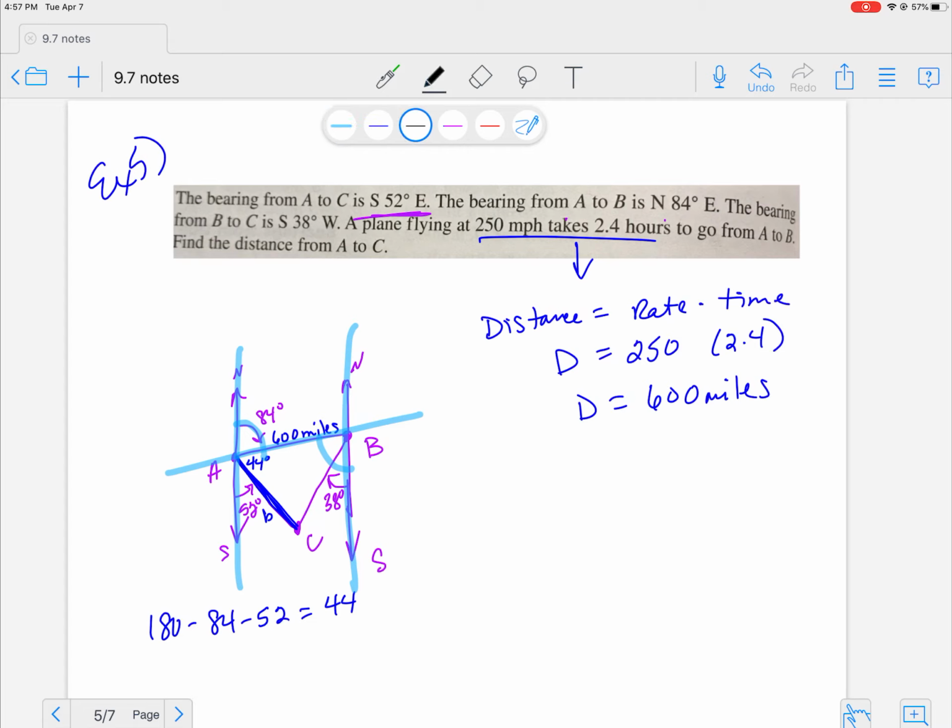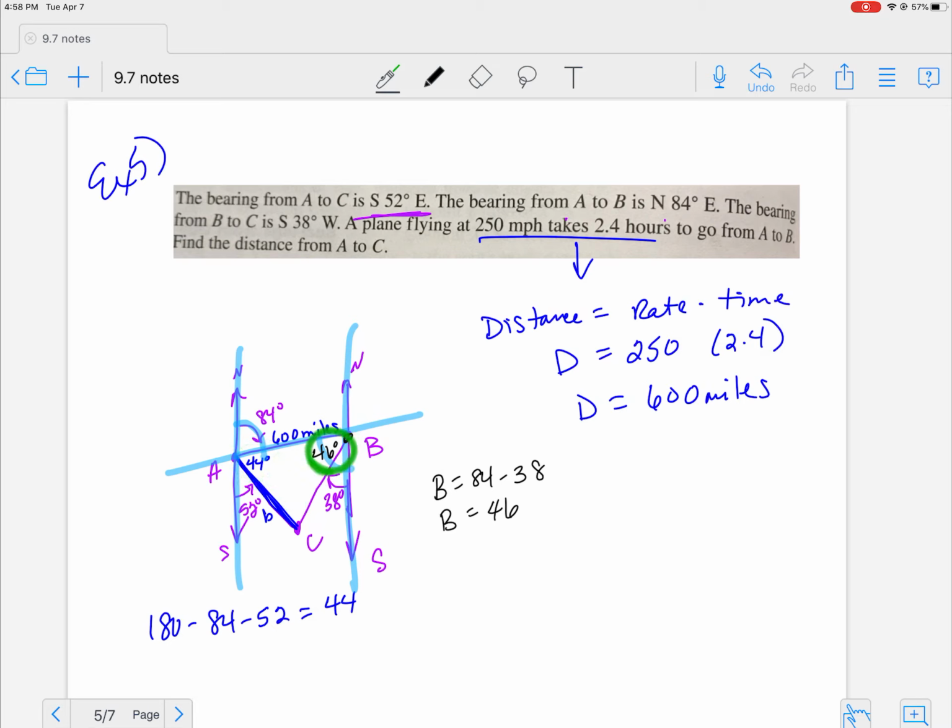So if I know that that is alternate interior, I now know that this is angle B. We're going to call it angle B. I've got B is equal to 84 minus 38. So what is 84 minus 38? 46.